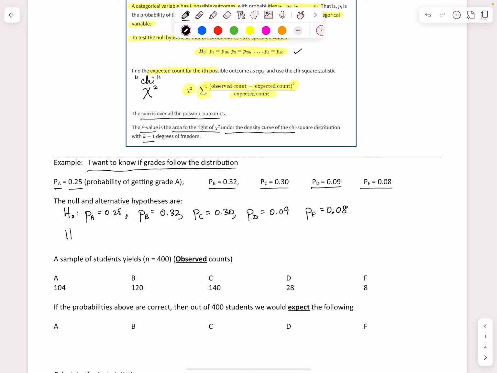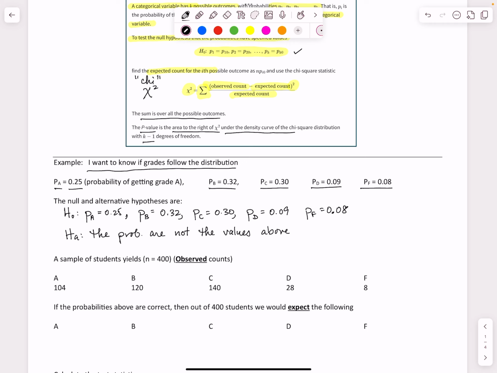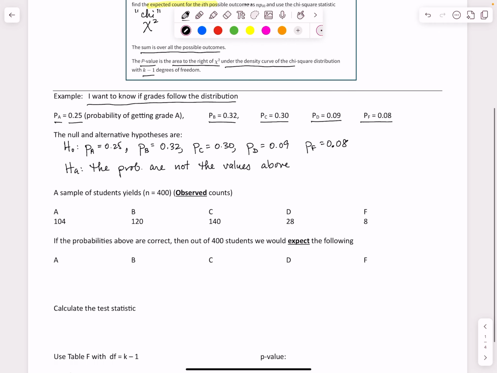My alternative is that the probabilities are not the values above. We're just saying that this isn't correct for all of them. Then these were my sample results.